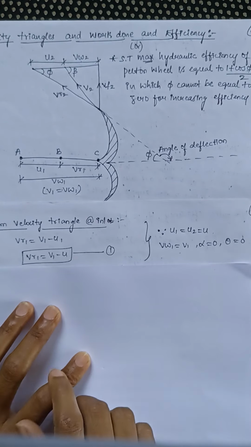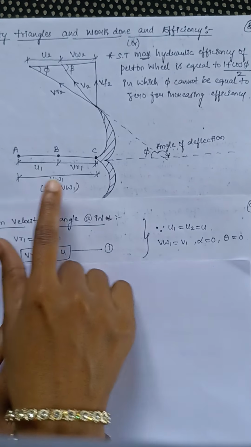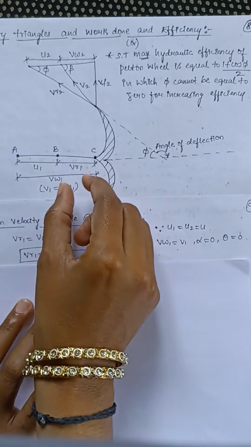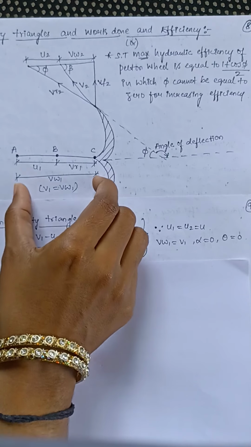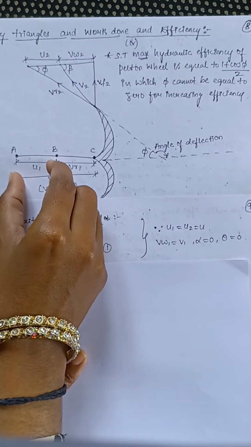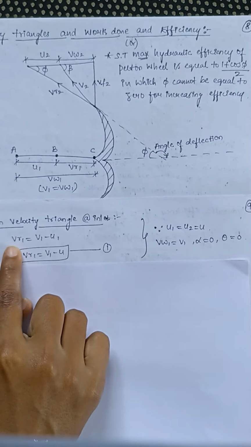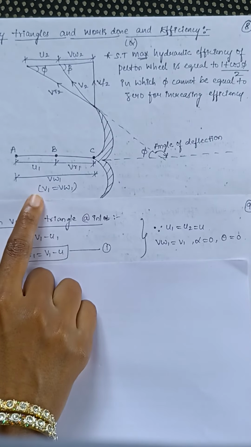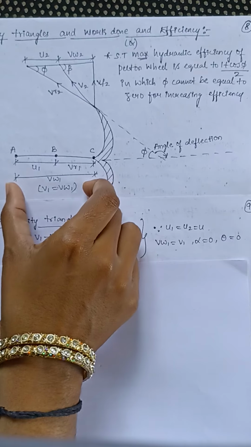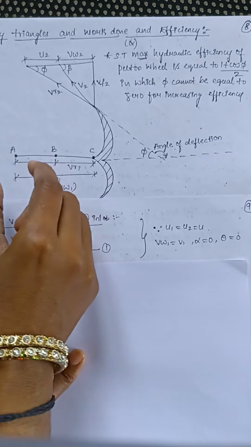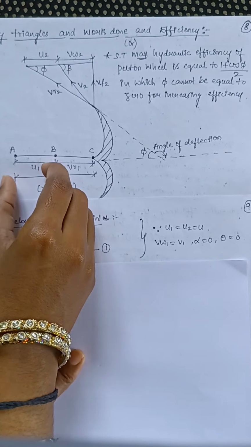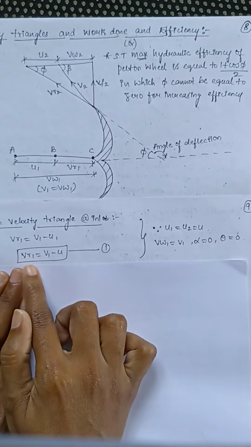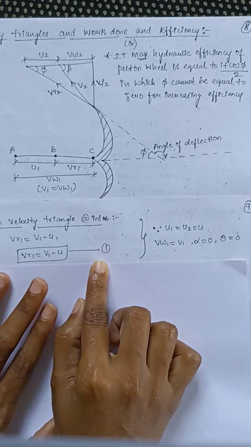For deriving, let us consider the inlet velocity triangle first. From the inlet velocity triangle, we can write VR1 as VW1 minus U1. So VR1 is equal to VW1, which is nothing but V1 itself, that is absolute velocity, minus U1, that is velocity of the bucket. So that gives you the equation for VR1, and name it as equation 1.